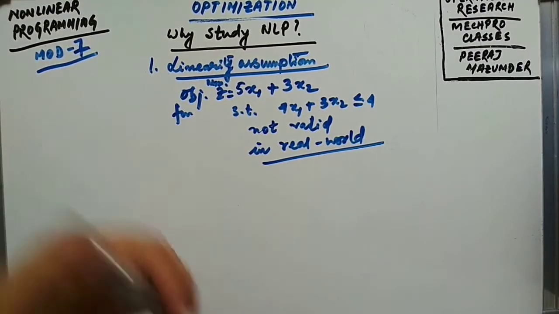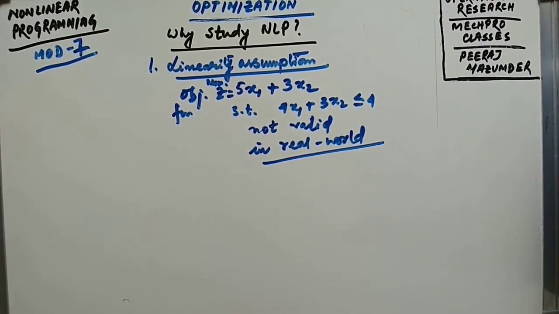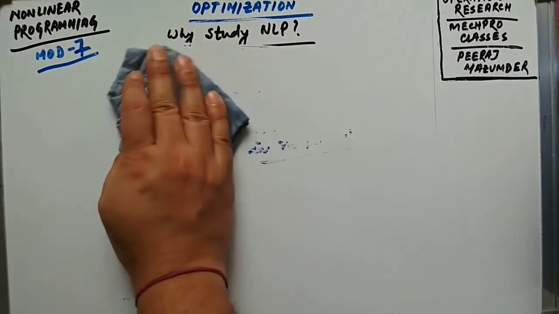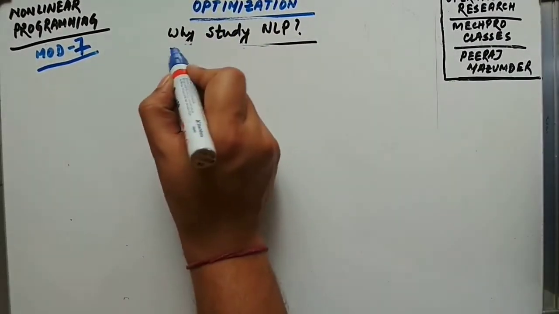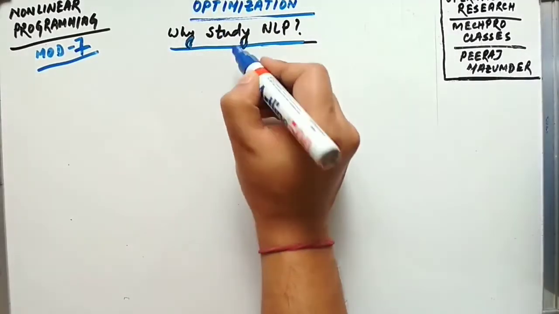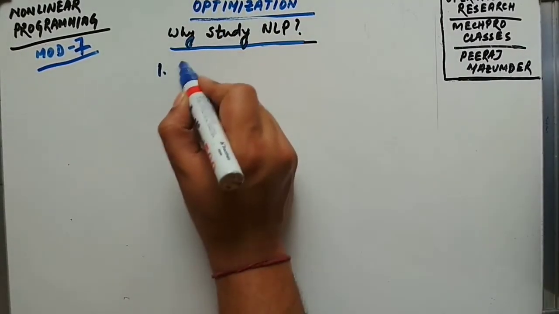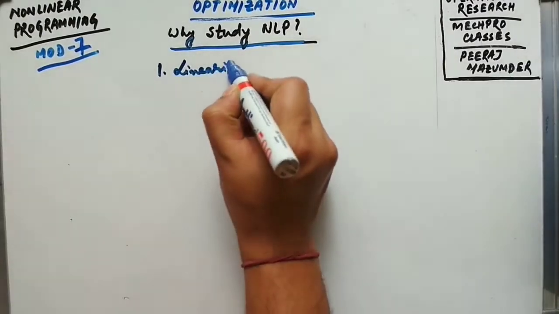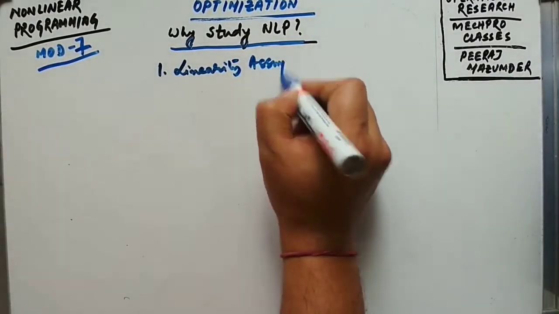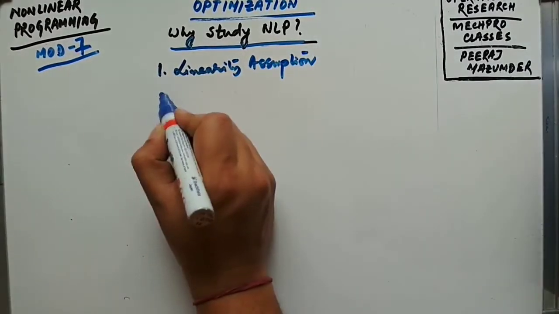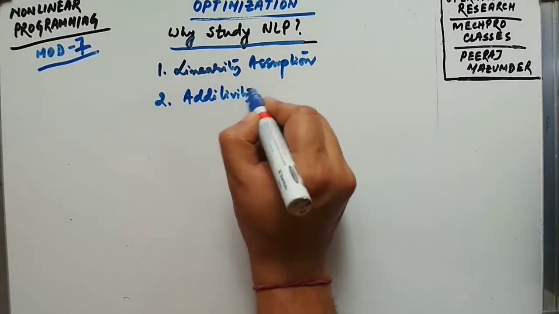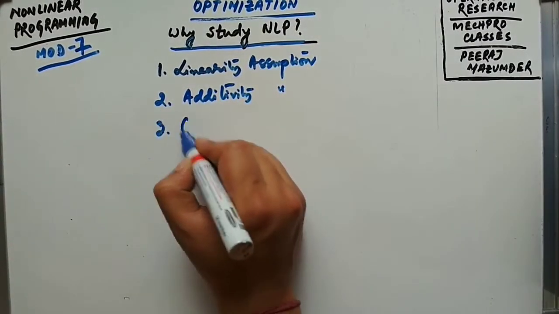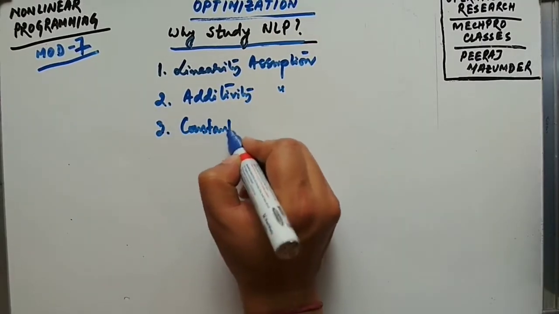Coming to the next point, the second point is our additivity assumption. So first is our linearity assumption, second is our additivity assumption, third is our constant return.